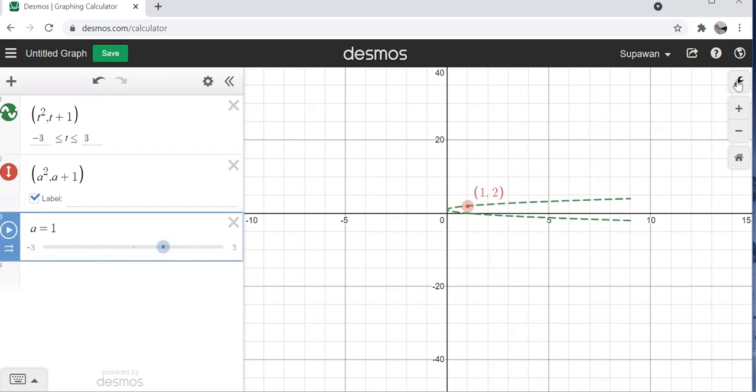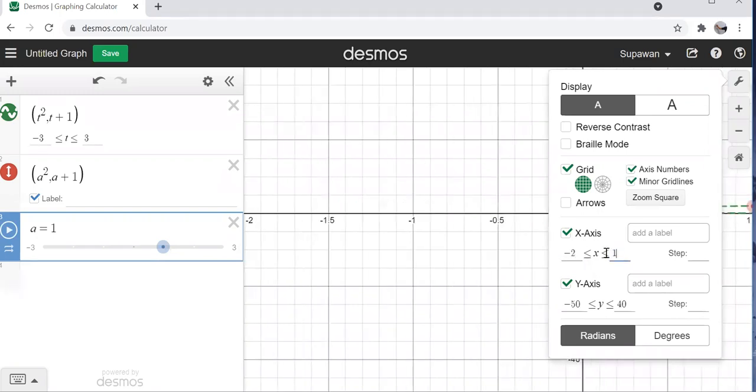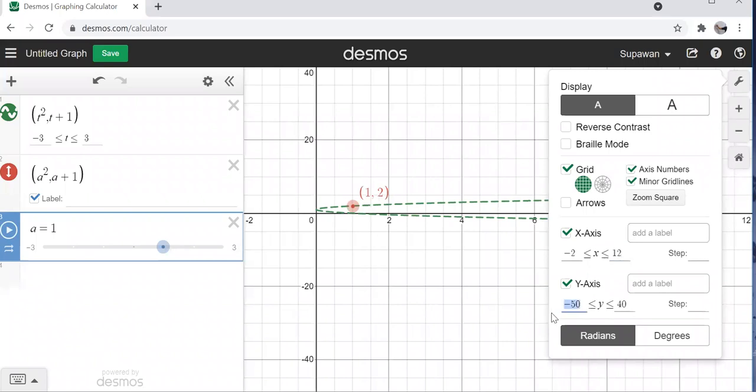Now change the window to fit the x max and x min. For this example, the x max is 9 and the x min is 0. I'm going to put the x minimum as negative 2 and the x max as 12. The y minimum is negative 2, so I'll put negative 5.